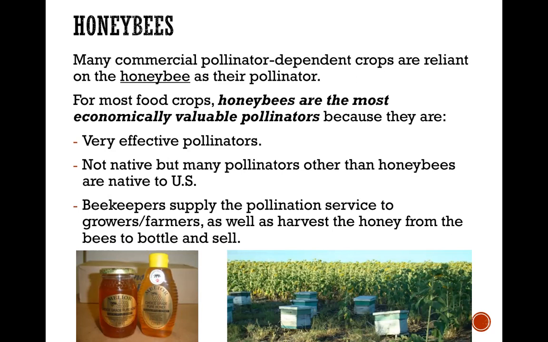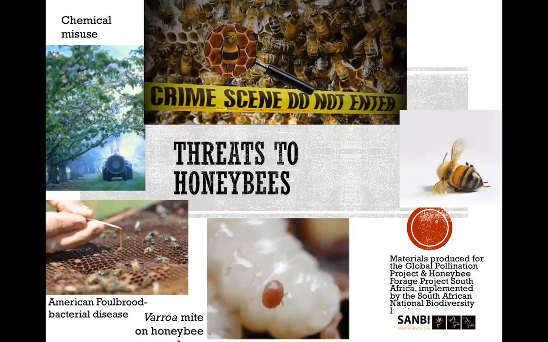We have not really overcome that as a whole, and there are many threats that are still affecting honeybees today. Some of the biggest threats to our honeybees are overuse of pesticides, and this little mite here, this varroa mite, that really attacks the larval form. And then this other one called American foul brood, which is a bacterial disease.